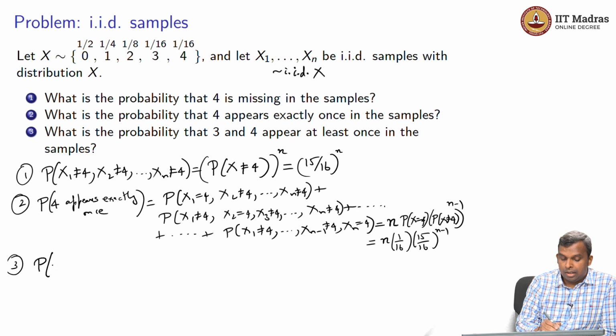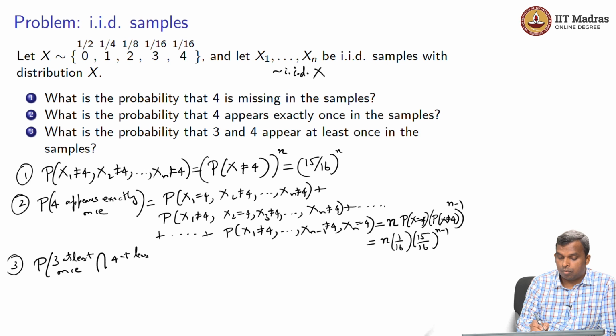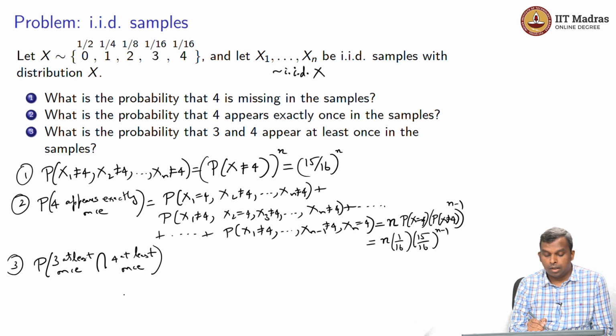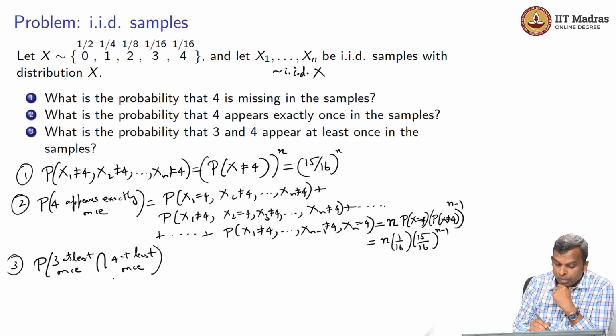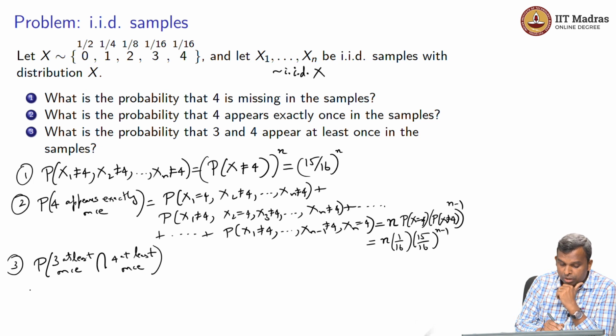So P is 3 at least once, intersect 4 at least once. So how do we go about doing this? One of the things that is easy to calculate here is 3 at least once.